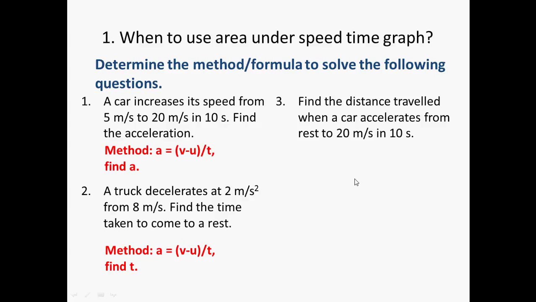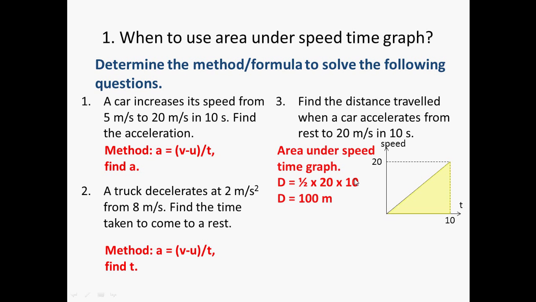Now in the third case, where the car accelerates from rest to 20 meters per second in 10 seconds, they ask you for the distance traveled, so you must use area under the graph. So can you tell me what is the distinction between these three questions?